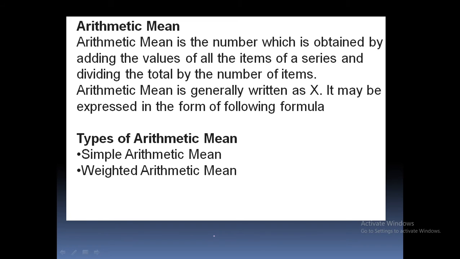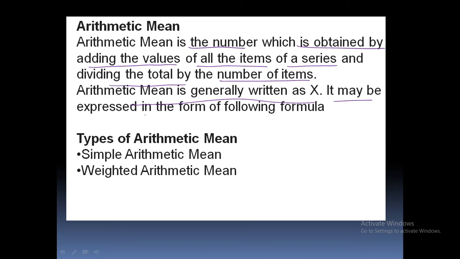Now first, arithmetic mean. Arithmetic mean is the number which is obtained by adding the values of all items of a series and dividing the total by the number of items. Arithmetic mean is generally written as x bar.